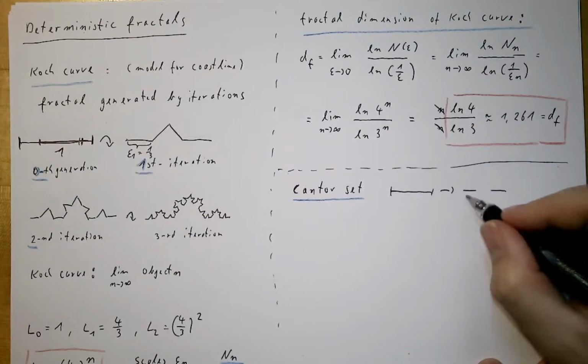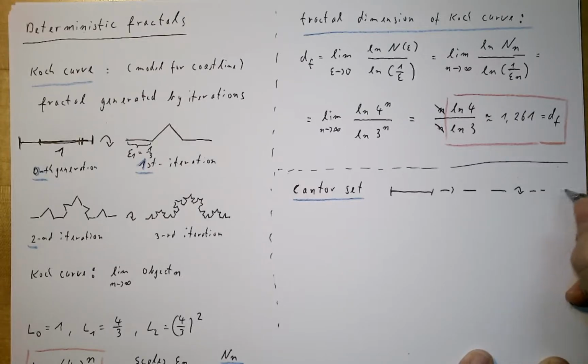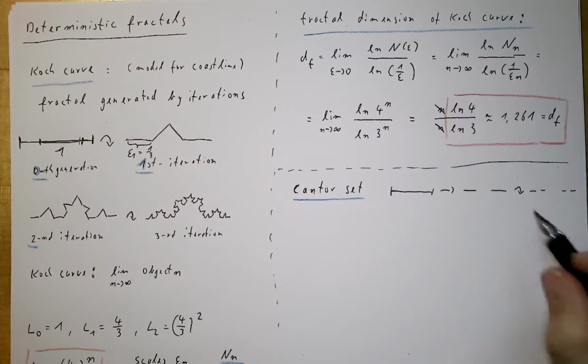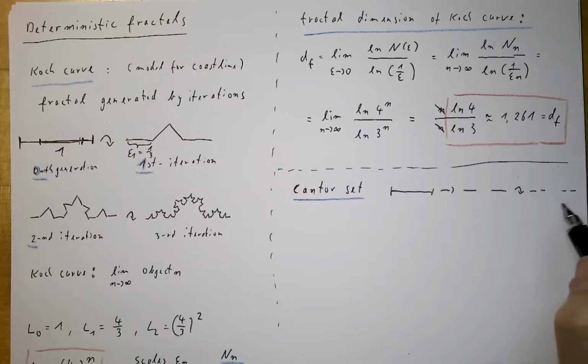So the length is reduced. Now if we continue this, then we have smaller lines, a larger interval, and smaller lines, and so on and so forth. So we get more and more a set of smaller and smaller objects.